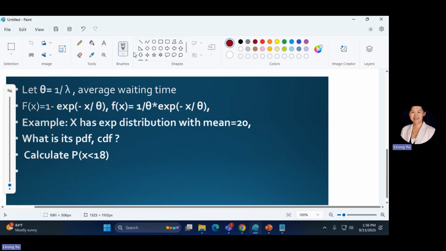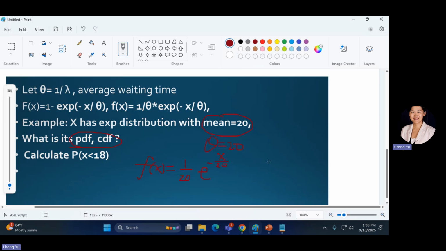Now, suppose we got something that has a mean of 20. So it says theta equal to 20. Now, let's write the PDF and CDF. The PDF would be the density function f of x equal to 1 over 20 e to the negative x over 20. Exponential distribution has an exponential function in there.